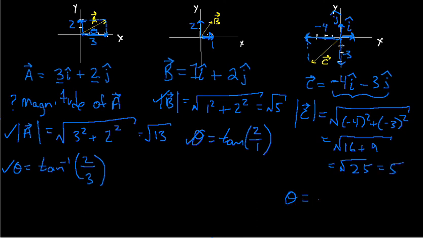The angle here would be the inverse tangent of the j component, which was negative 3, over the x component, which is negative 4. By the way, this was inverse tangent, not tangent. And what angle we're talking about in this case is this angle right there.